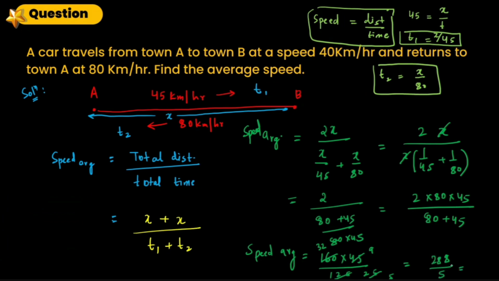So the average speed which we are going to get is about 57.6 kilometers per hour. So the average speed after doing all the calculations and hard work, we got 57.6 kilometers per hour. And yes, your first statement was right. It should be between 45 and 80, because that is an average quantity and this is how it's supposed to be calculated. Okay. All right.